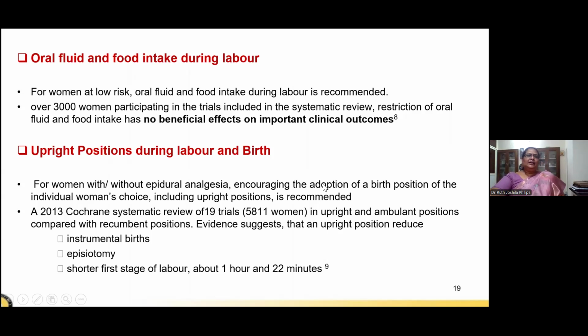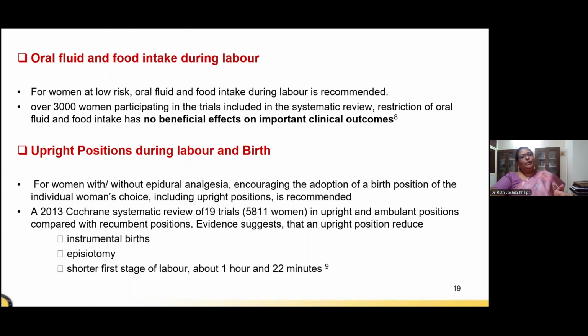Then another thing we would like to know about is the positions that are taken by the woman during her labor and birth. A Cochrane review of 19 trials across the globe has shown that women who take upright positions during their labor and birth have a shorter first stage of labor, obviously because of the gravity effect.